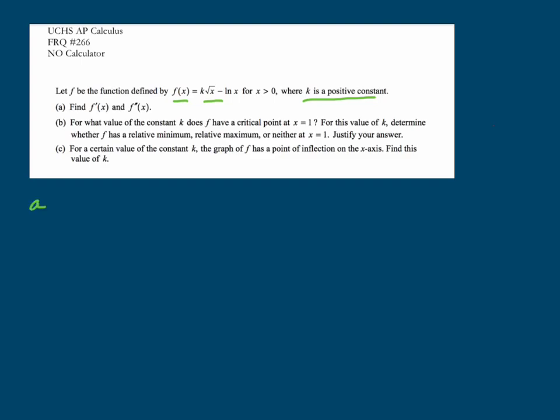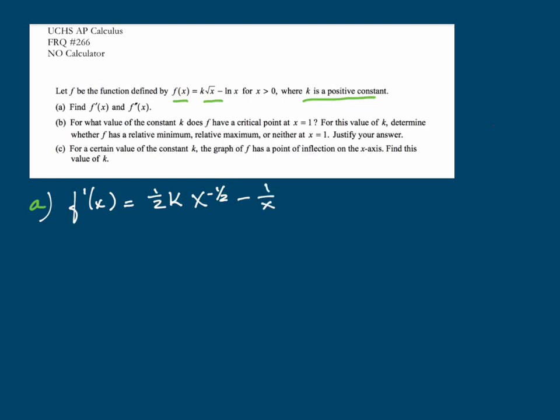So for a, I'm going to use white. F prime of x would be equal to, okay, the derivative of k times x to the 1/2 would be 1/2 k x to the negative 1/2, and then minus ln of x would be 1 over x.